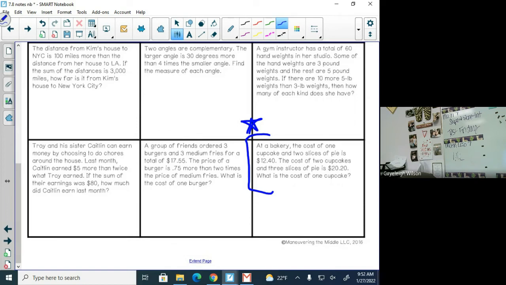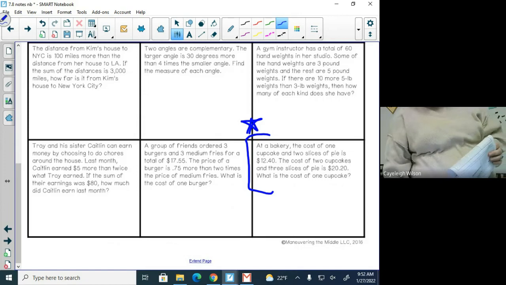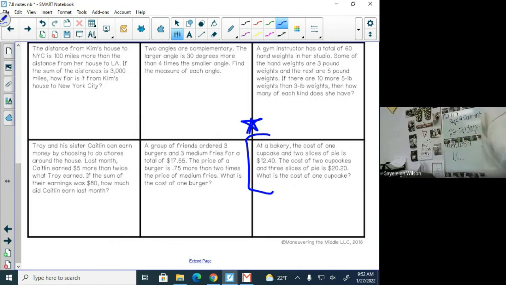Yeah, but you don't need to multiply it. It's just saying the cost of something. When you buy stuff, it's addition.